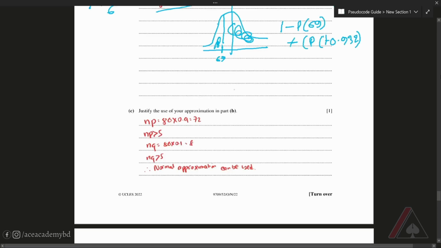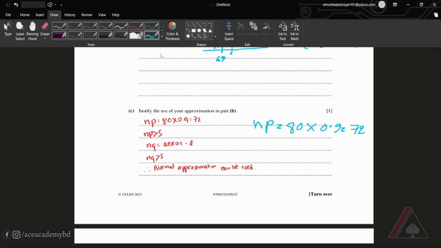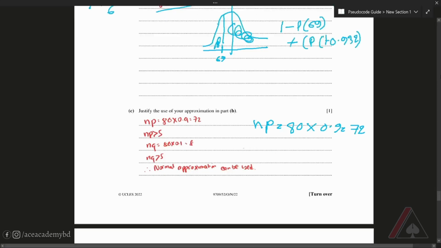So out of n possibilities, p of them happened. Out of 80 possibilities, 90% of them happened, so that would be 72. Now the number that didn't happen would be nq.